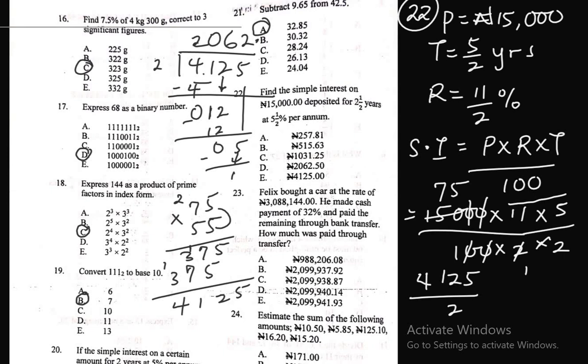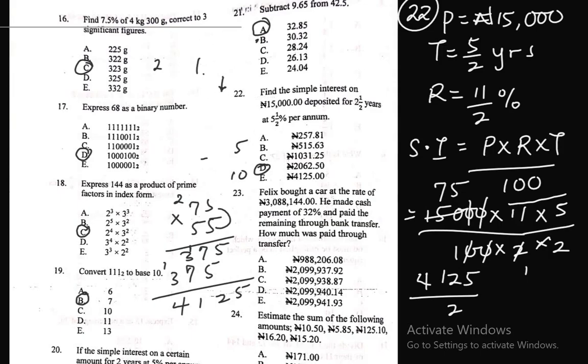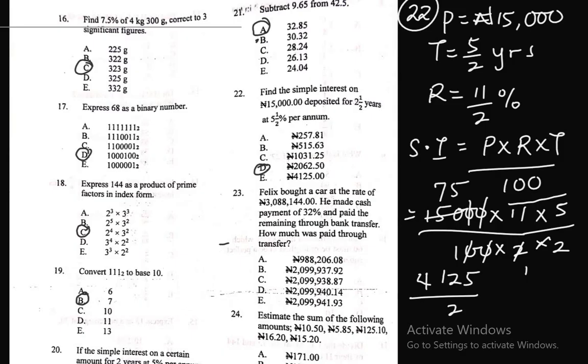This can go, put point at 0, 2 into 10 is 5. So the right option is simply D, which is 2062 naira 50 kobo. Alright, I'm going to clear the board so we will have enough space to solve question 23.